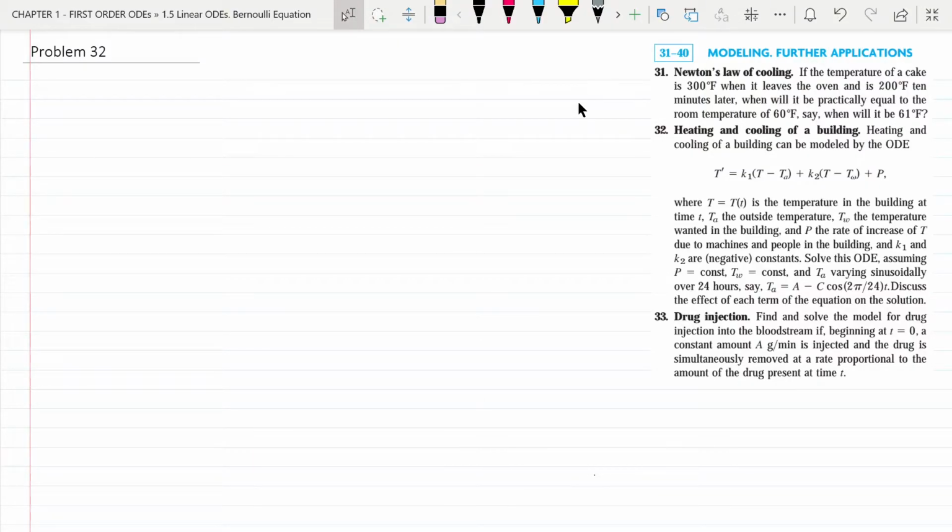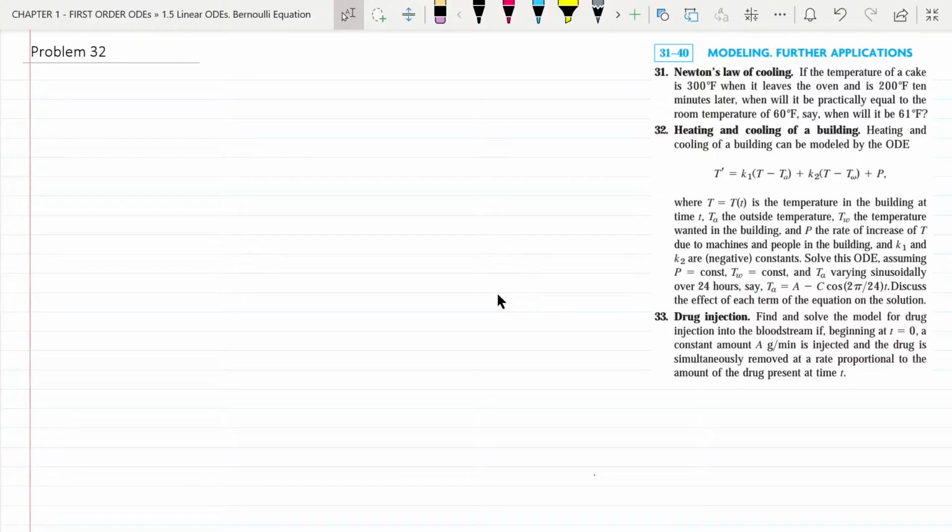And K1 and K2 are negative constants. Solve this ODE assuming P constant, T omega constant, and TA varying sinusoidally over 24 hours, say TA equal to A minus C cos (2 pi by 24) t. Discuss the effect of each term of the equation on the solution.